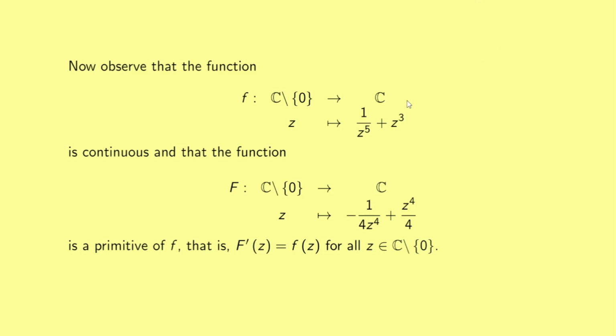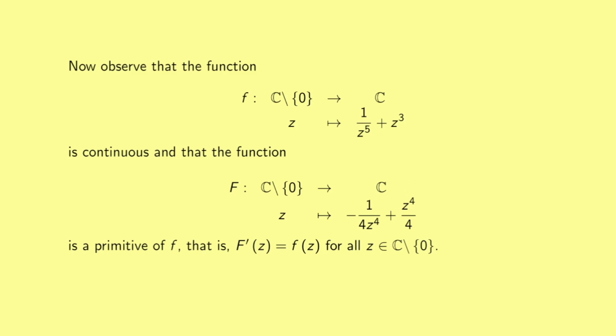Because here we have 1 over z to the 5, and a primitive of 1 over z to the 5 is minus 1 over 4 times z to the 4, plus, and a primitive of z cubed is z to the 4 over 4. So this function is a primitive of f.